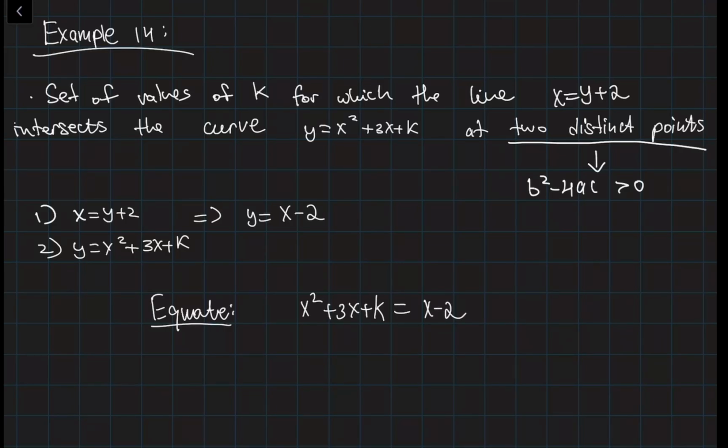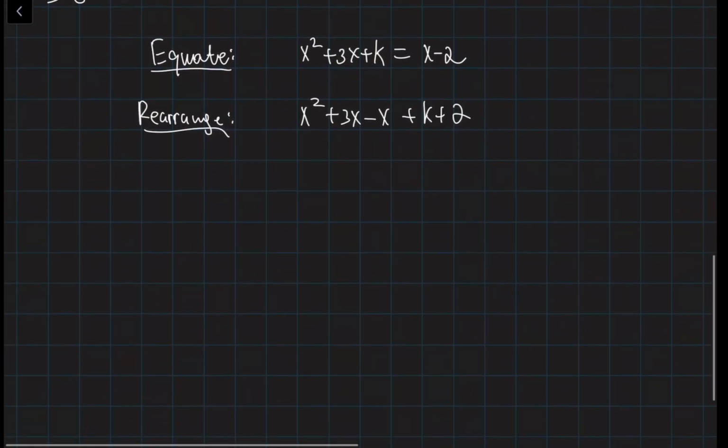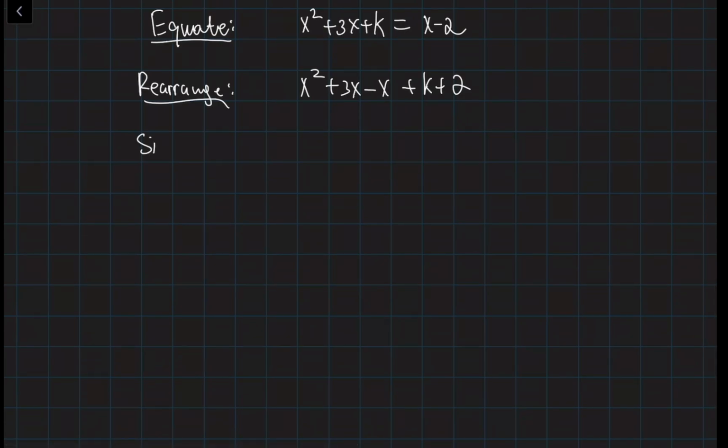Now let's rearrange by taking x to the other side, giving 3x minus x plus k plus 2. Now we simplify by combining like terms.